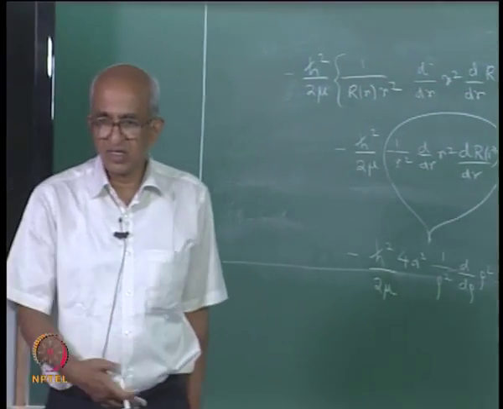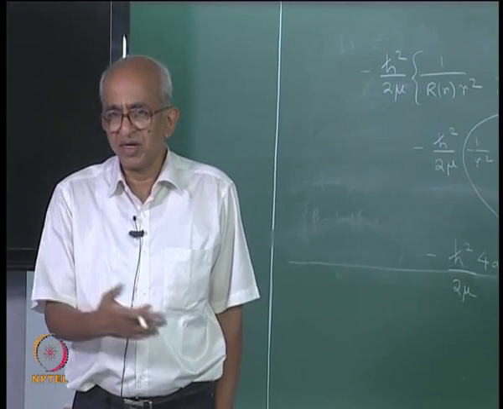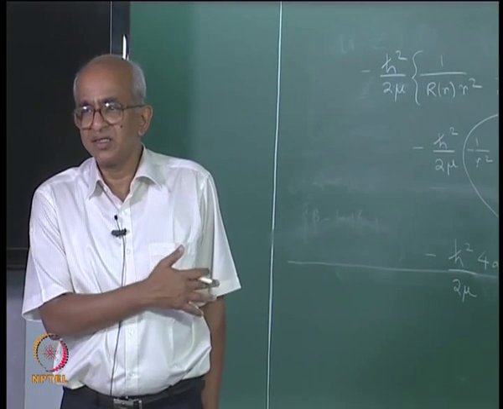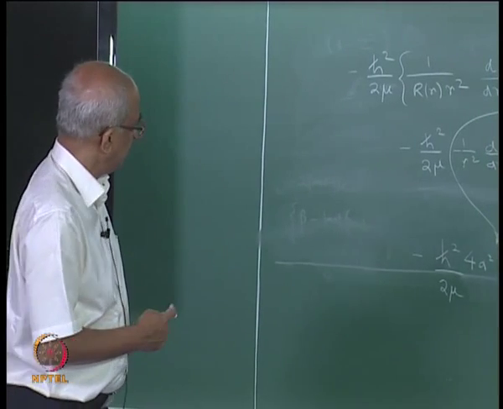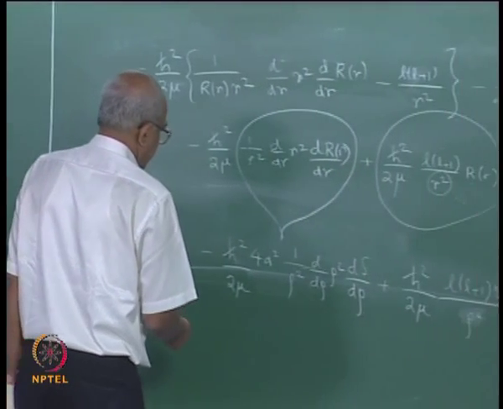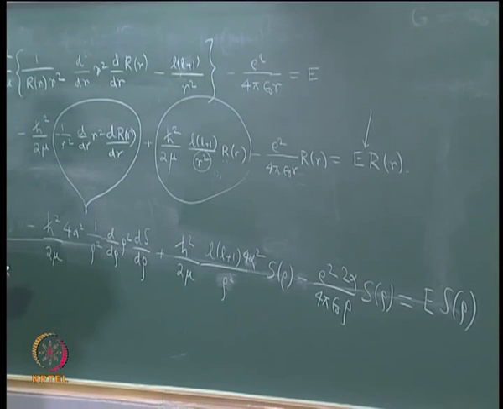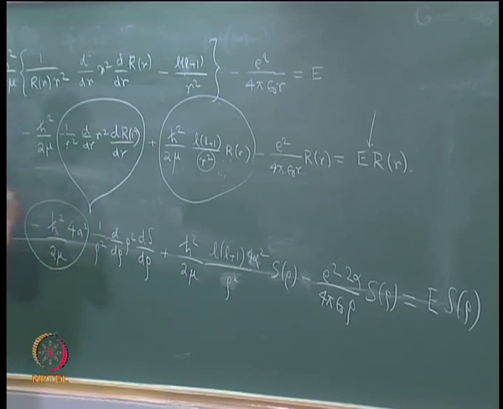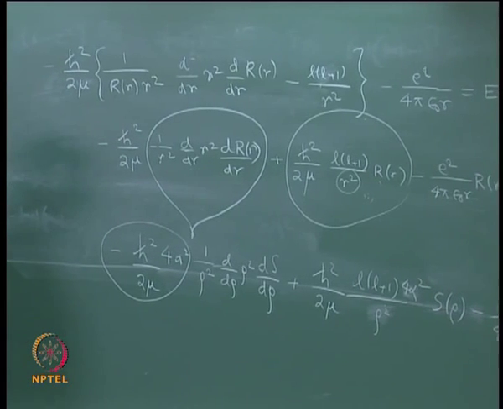I am yet to define my alpha, but as we have done previously, we will define alpha in such a fashion that the equation looks as simple as possible. So, the next thing that I will do is divide throughout by this term. Divide throughout by that term, then what is the result?